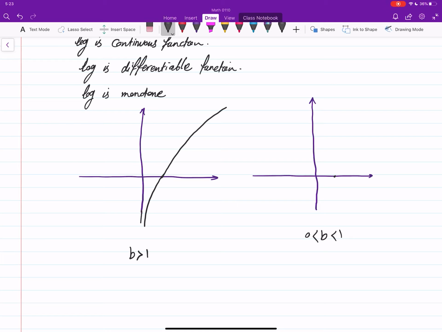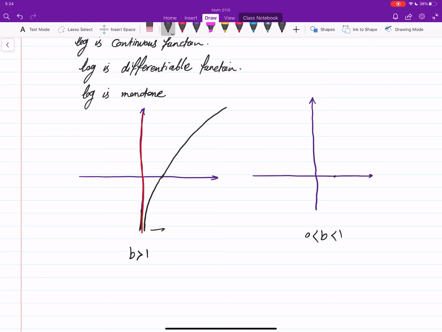It means that when we move to the right, it goes up and up. And when we go closer to 0, it gets closer and closer to the y-axis. In other words, this is a vertical asymptote for the log function.